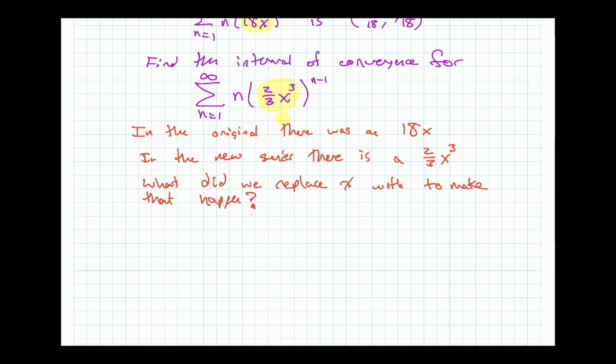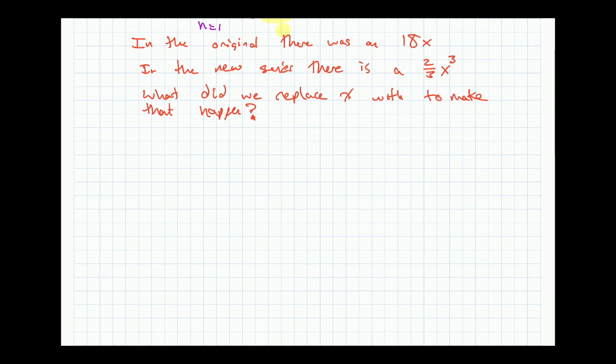All right, so what I'm going to do is this. I'm going to take the 2/3 x to the 3, and I want to see an 18 in here. Why an 18? Because the original had an 18, right? So I'm just going to multiply this by 18 over 18.